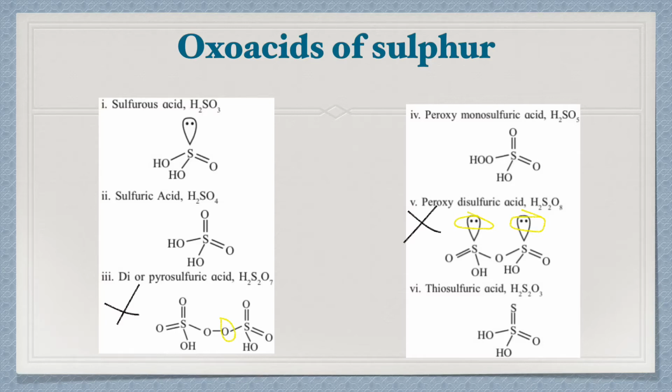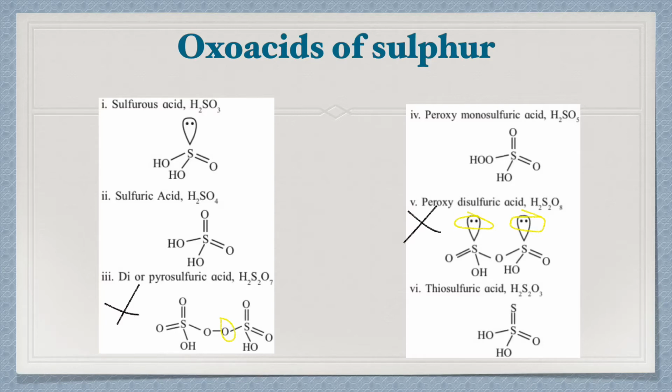So 2 S is done and OH is done. Now how many oxygens are remaining? 2 oxygen are done, so it will be 7 minus 2, 5 more oxygens I have to put in the structure. If I have to put 5 more oxygen, there will be double bonds. Each of the S will have 2 double bonds, so double bond O, and only 1 oxygen will be there in between. Then only it will be O7.